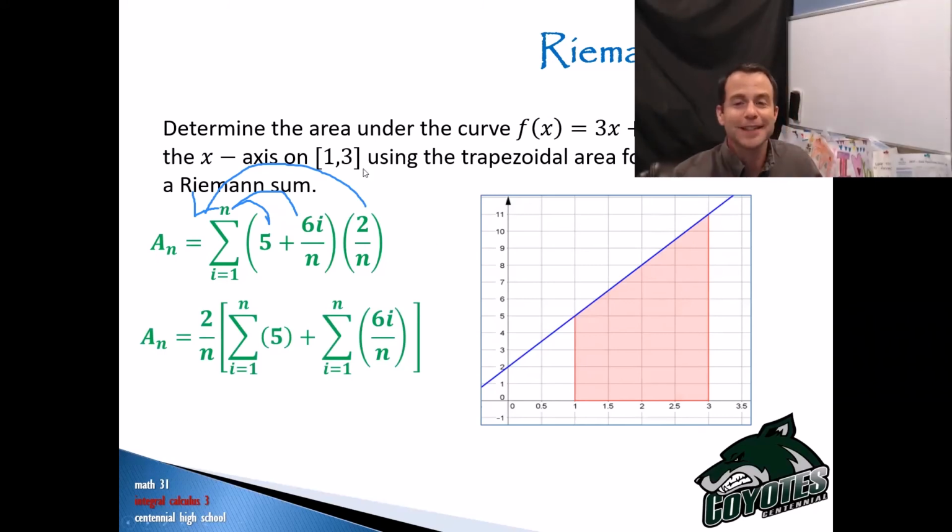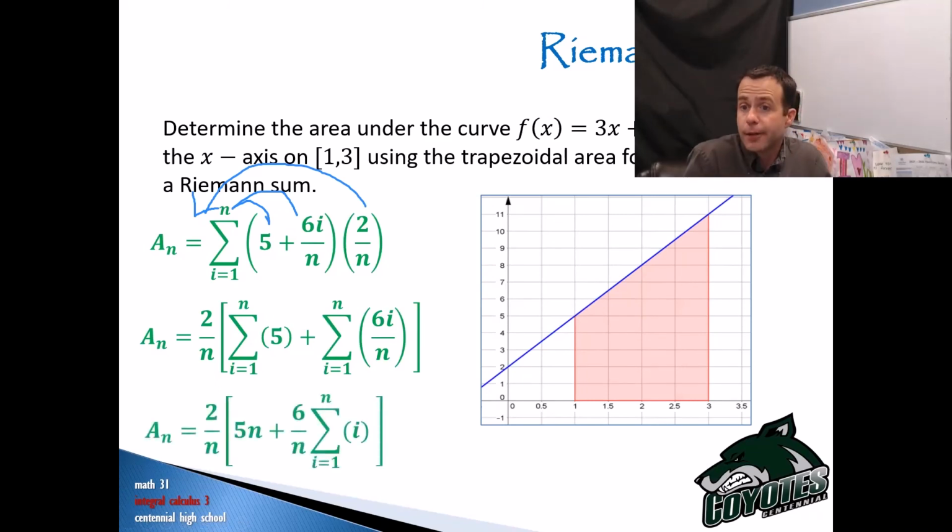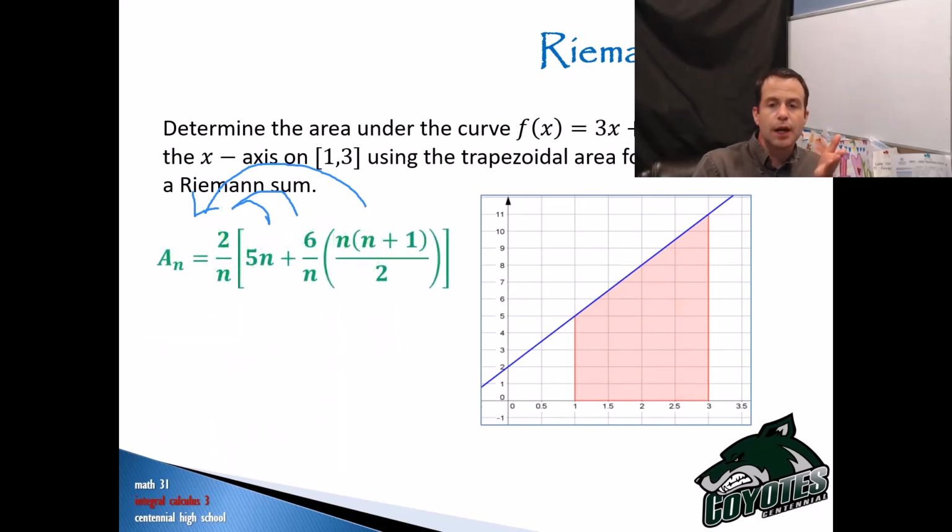And then for this one, 6 over n has nothing to do with the summation, right? So I'll just put that in front. It'll be 6 over n times the summation of i. And the summation of i is another one that we were given. The summation of i is n times n plus 1 all over 2. So I've replaced the summation of i with n times n plus 1 all over 2.